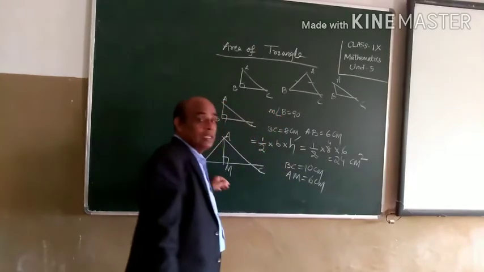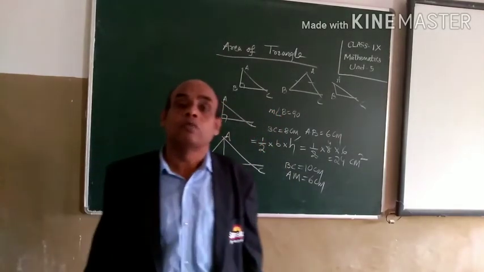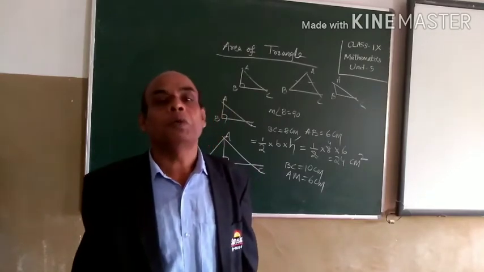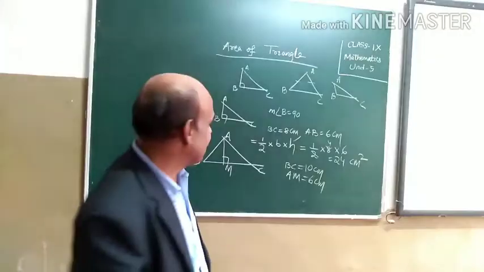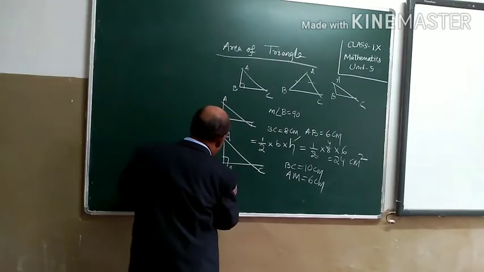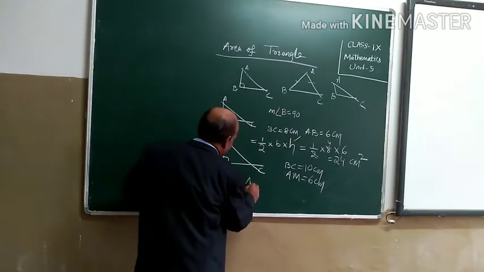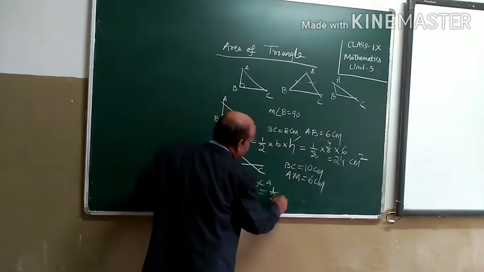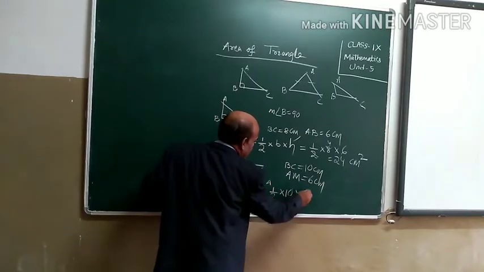Then the area of the triangle will be by the same formula: half into base into height. So we will write area of triangle ABC is equal to half into base into height.